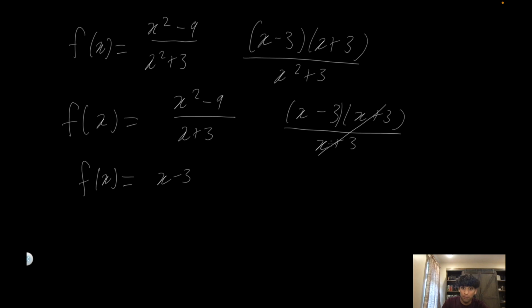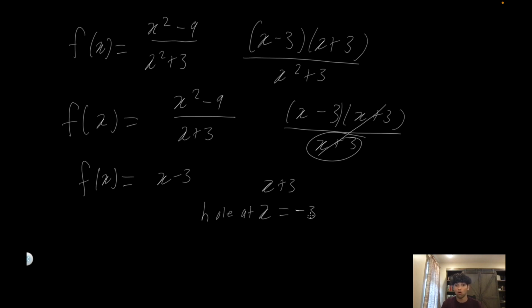But if you remember from Algebra 2, if you have a fraction as a function, and if you can cancel out a term from the numerator and the denominator, that actually classifies as a hole. So if we look at the term that cancelled out, x plus 3, a hole occurs when x is equal to negative 3, as the denominator cannot equal 0. So hole at x is equal to negative 3.